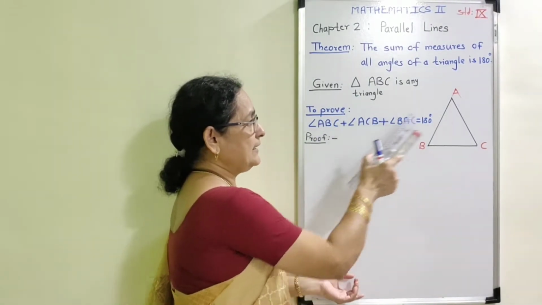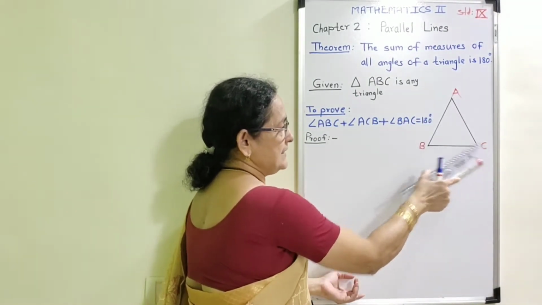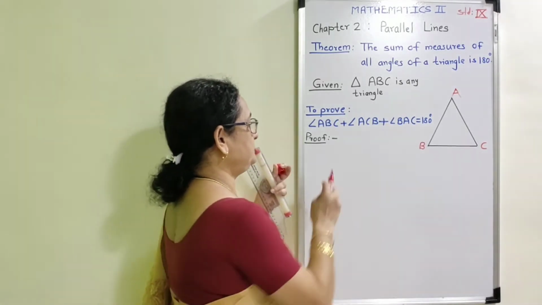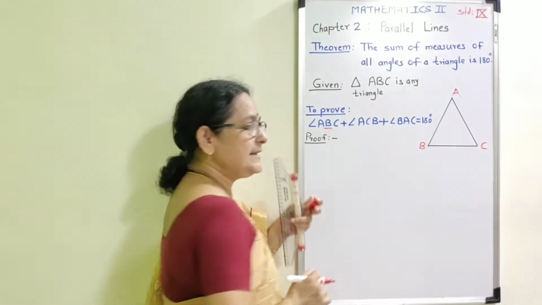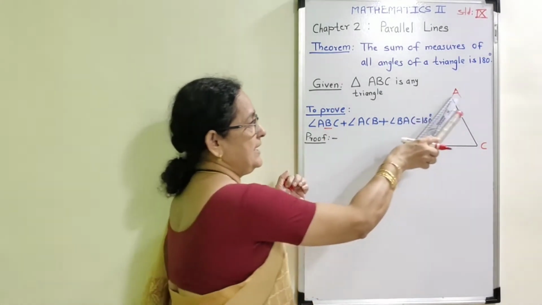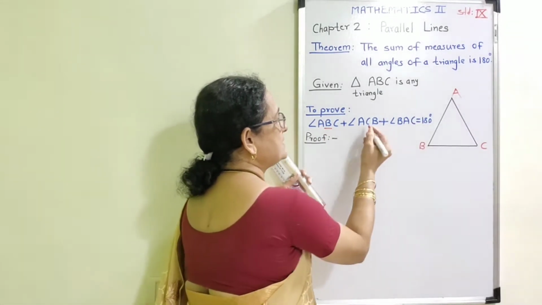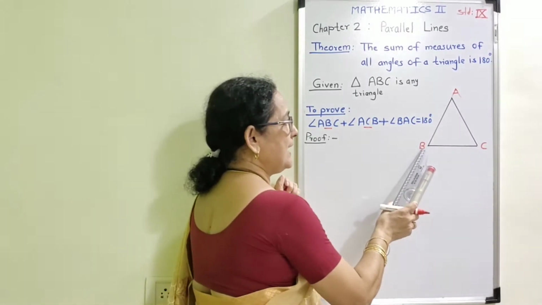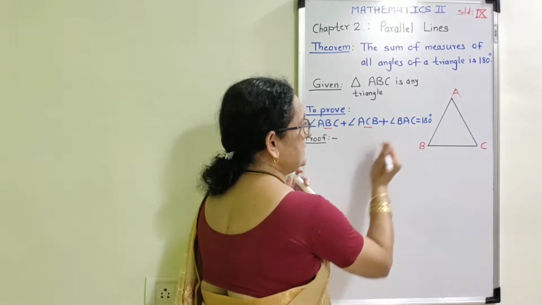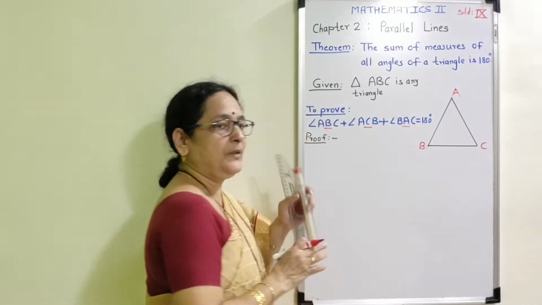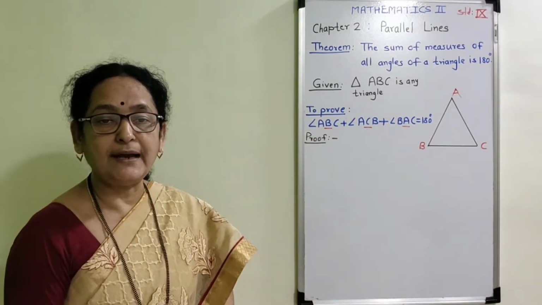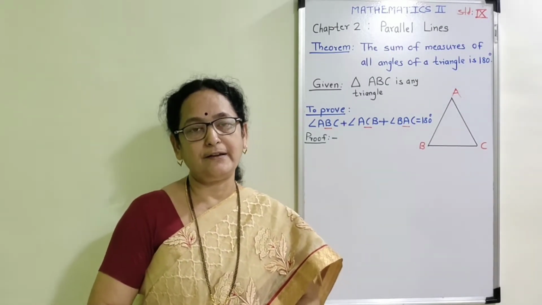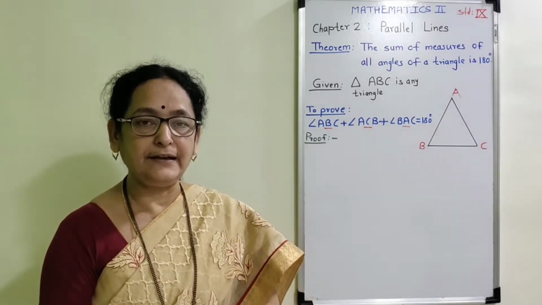First of all, angle ABC, that is, here we have taken the angle B. Next is angle ACB, that is, here we have taken angle C. And the last one is angle BAC, that is angle A. We are going to prove that the sum of measures of all the three angles of a triangle is 180 degrees.